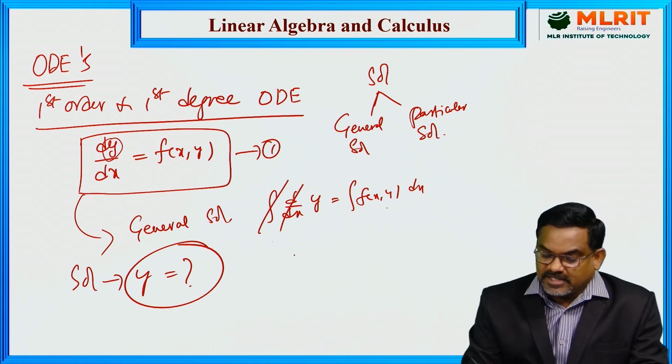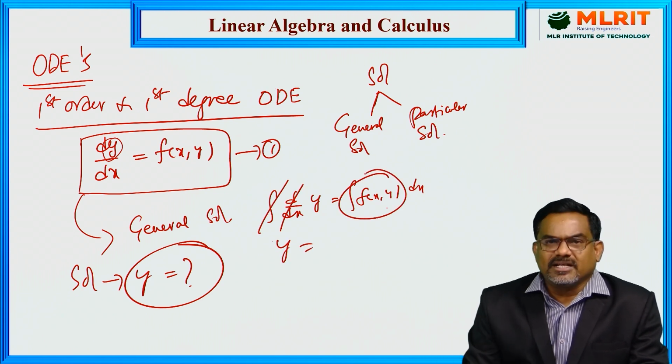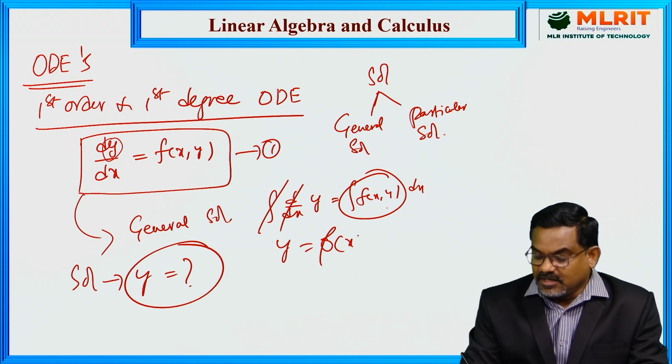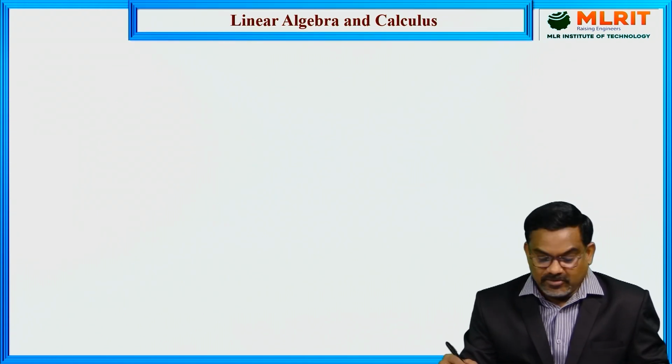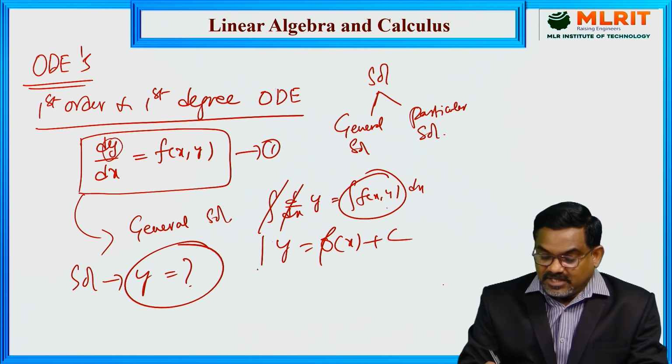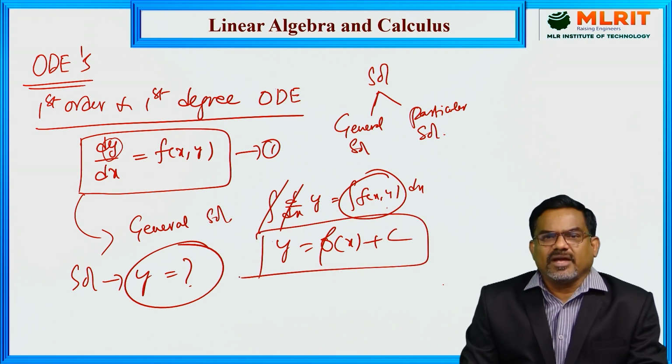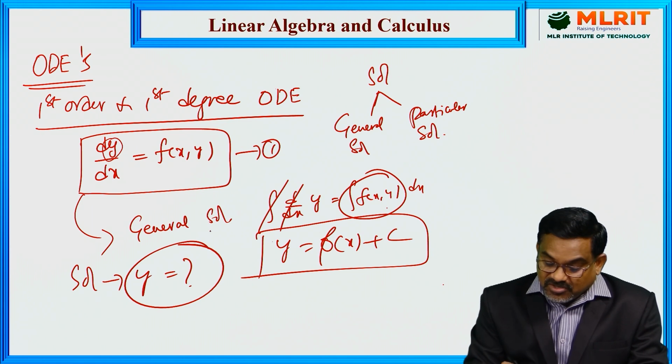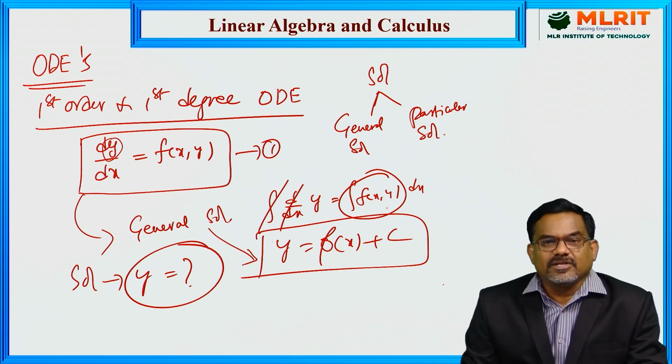Here these two get cancelled, and let us suppose the integral is possible, and finally we get the answer as phi of x, and after integrating we introduce the integral constant c. So the final solution is y equal to phi of x plus c. This is called the general solution of the differential equation 1.